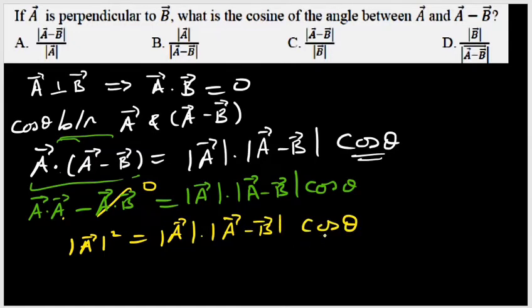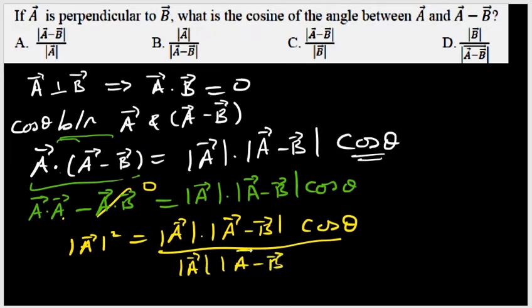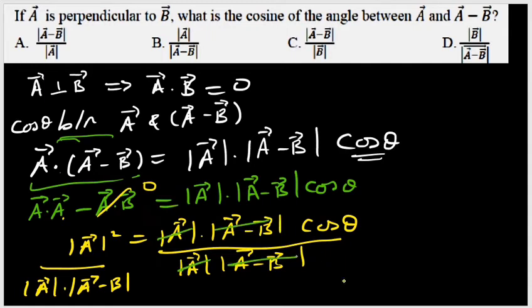Since we are looking for cosine of theta, we divide both sides by magnitude of A times magnitude of A minus B. Everything cancels out and cos theta remains, which is equal to magnitude of A squared, where one magnitude of A cancels, and magnitude of A remains in the numerator.